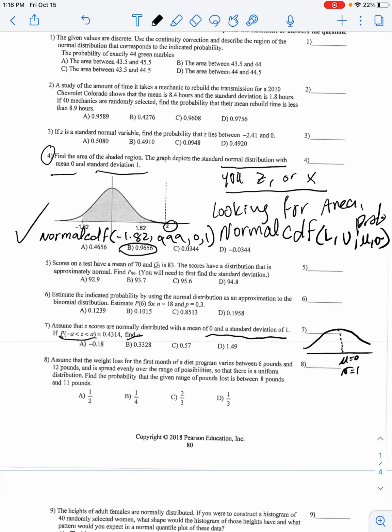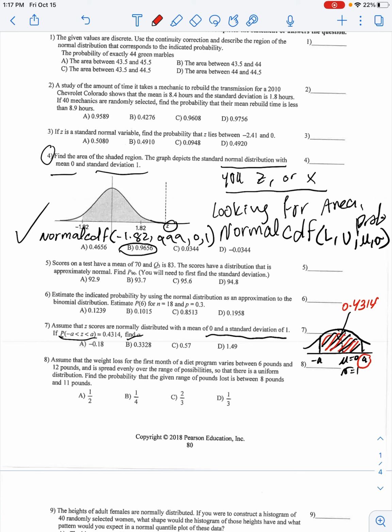Then, between negative A and A, this probability, or this area, is 0.4314. You need to find A.